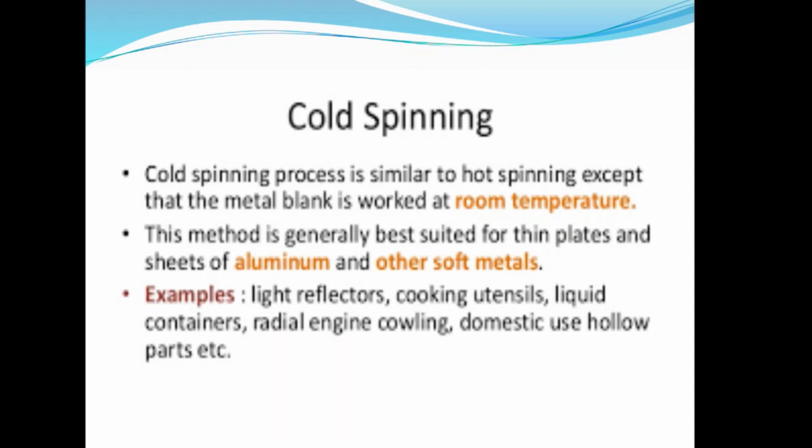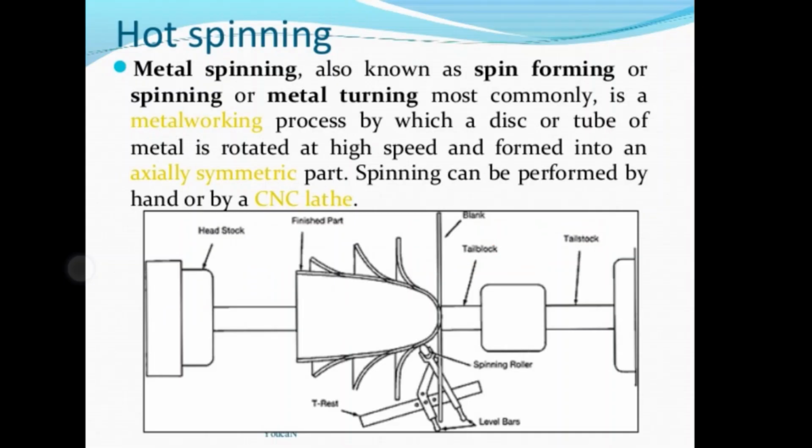This method is generally best suited for thin plates and sheets of aluminum and other soft metals. Hot spinning is the same, but it is done above the recrystallization temperature.